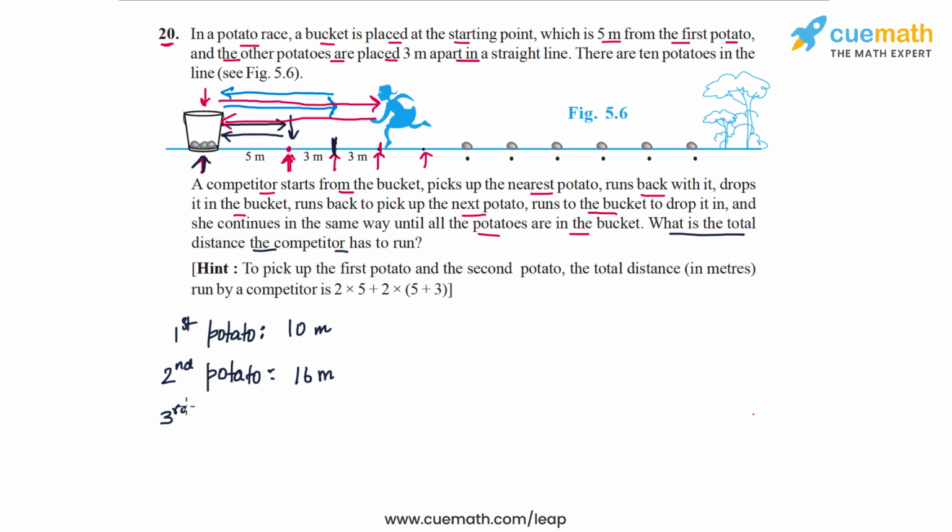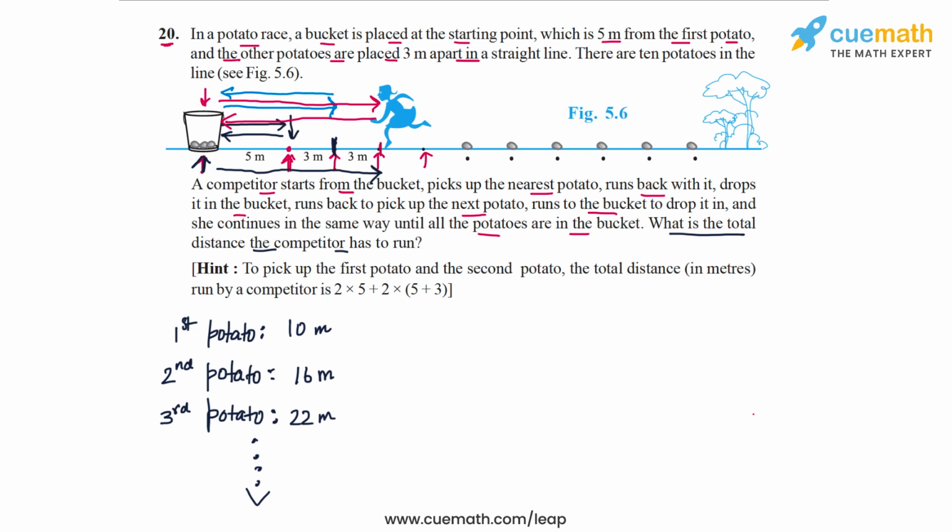Then for the third potato, how much would she run one way? She would run 5 plus 3 plus 3, so that's 11 meters and then back 11 meters. So 22 meters for the third potato, and so on. And this progression of distances will continue.